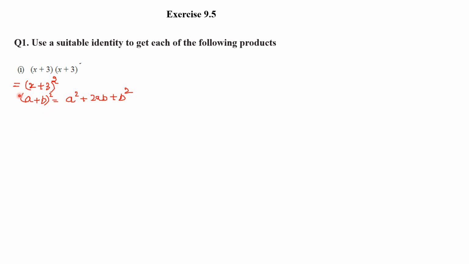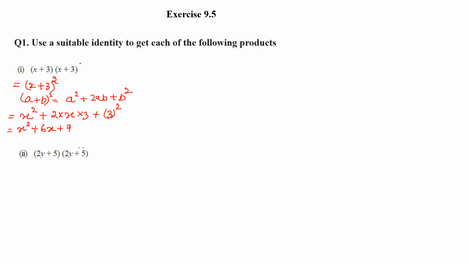So I have to write in this form, a square plus 2ab plus b square. So a square, where a is x, will become x square plus 2ab, means 2 into x into 3, plus b square means plus 3 whole square. And if I solve it, it will be x square plus 6x plus 9. So this is question number 1, first part.